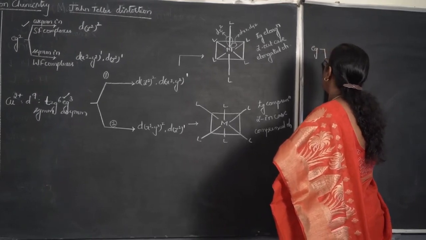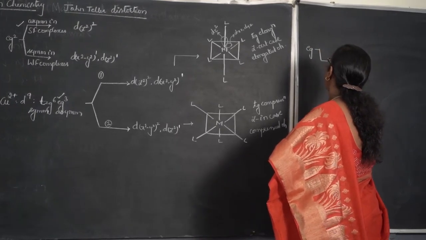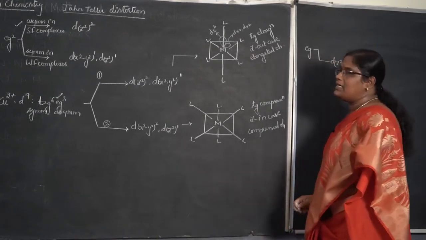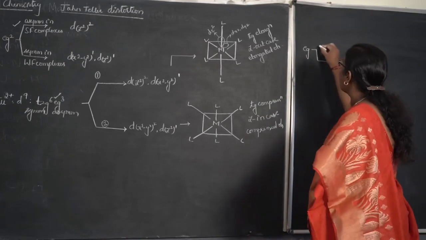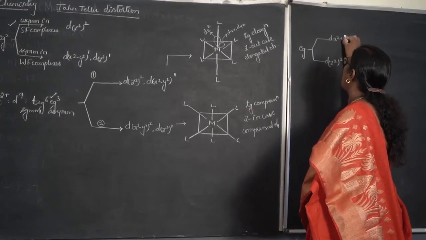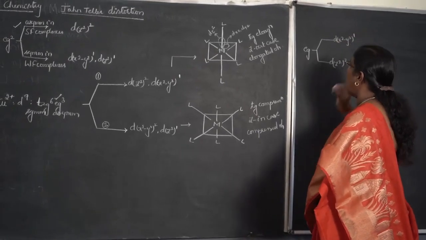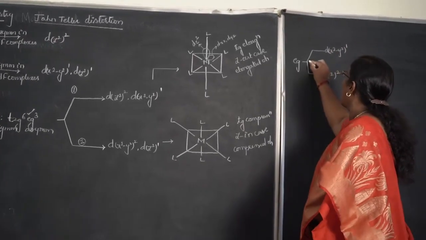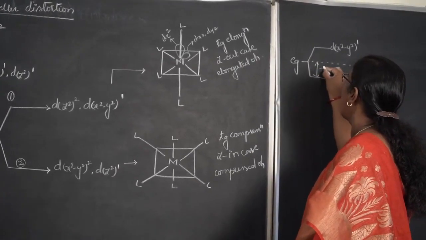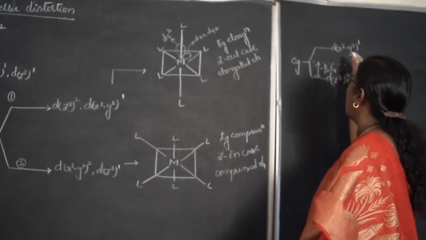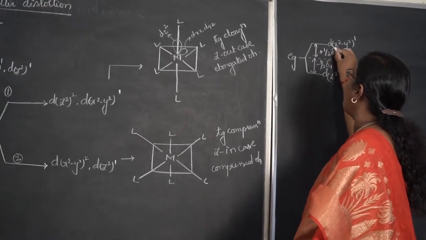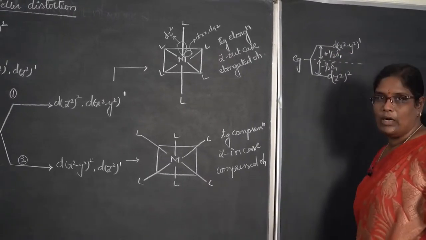So what happens if you take the eg set? In the eg set, the dz square orbital is going to lose energy since it is along the z-axis, and then the dx square minus y square orbital is going to gain energy. The energy loss and gain here is represented as minus half delta 1, and the energy gained by dx square minus y square is half delta 1.